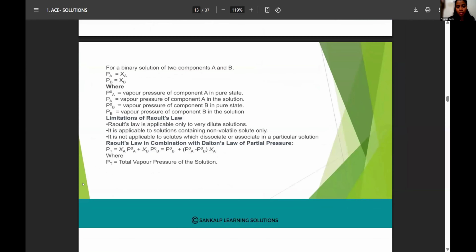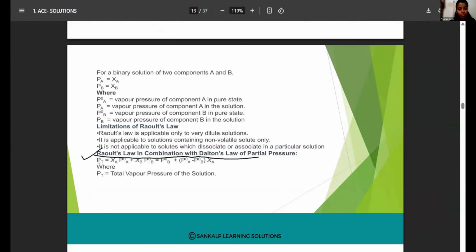So Raoult's law is done at the basic level. That was Raoult's law. Now according to Dalton's law of partial pressure, the total pressure over the solution phase in the container will be the sum of the partial pressures of the components of a solution.